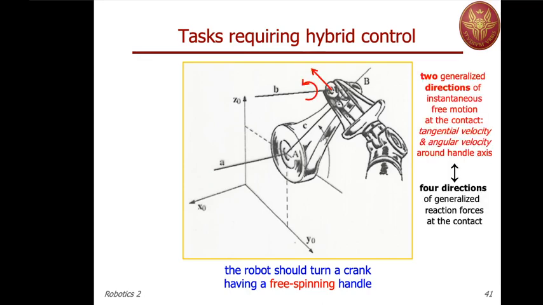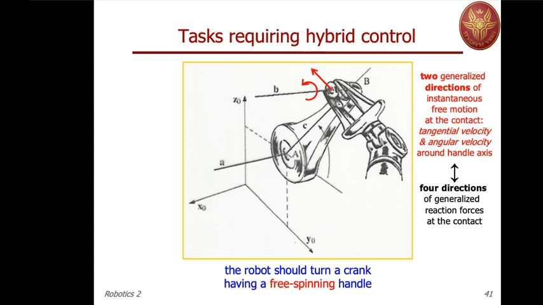So in this case, if the handle through which the end effector firmly grasps the crank is a free spinning handle, so it can rotate on its axis, the axis B, then you can freely move along the tangent direction to the circle that is described by the handle around the rotation axis A of the crank, but also moving or not moving the position B, you can rotate around the free spinning axis of the handle.